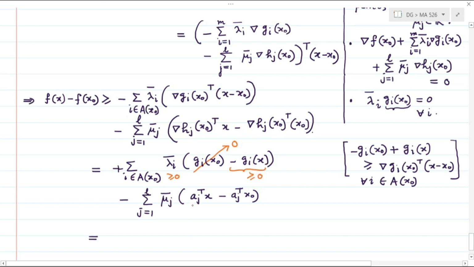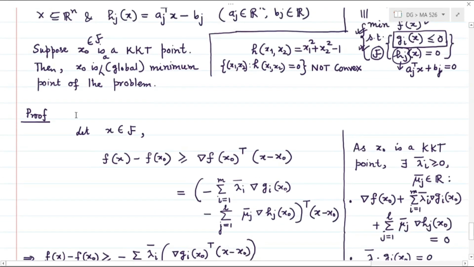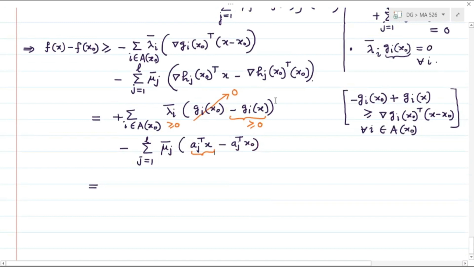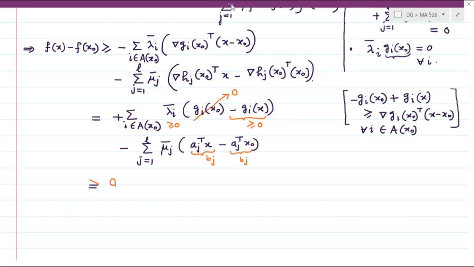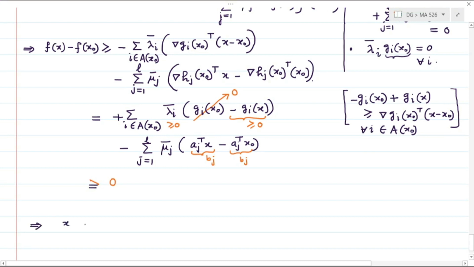And a_j transpose x, as x is a feasible point belonging to capital F, is equal to b_j. Similarly, as x naught is also a feasible point, this is also equal to b_j. So the second term vanishes entirely, and the first term gives a greater than or equal to 0 quantity. Fine. And therefore this implies x naught is a global minimizer.